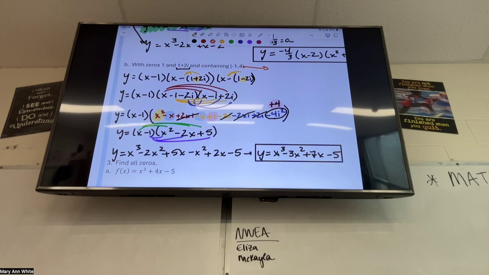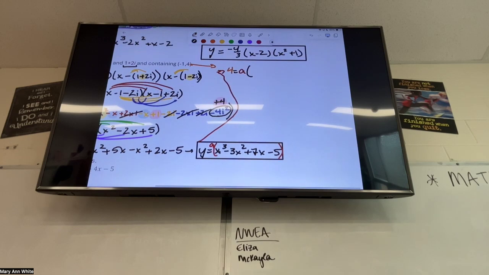Plug your 4 in for your y, plug your -1 for your x, and then we'll put an a in the very front right there. So I'll go 4 equals a times -1 to the third minus 3 times -1 squared plus 7 times -1 minus 5.